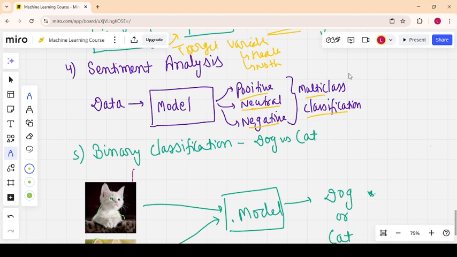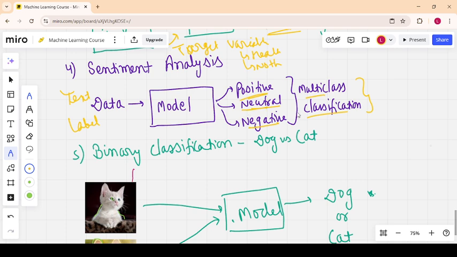The earlier example showed binary classification, and this example shows multi-class classification, having more than two classes. So we feed text which represents some sentiment, with a label which may be positive, neutral, or negative. We feed the data set into the model. The model tries to learn the pattern present in the data set, and predicts positive, neutral, and negative sentiment.